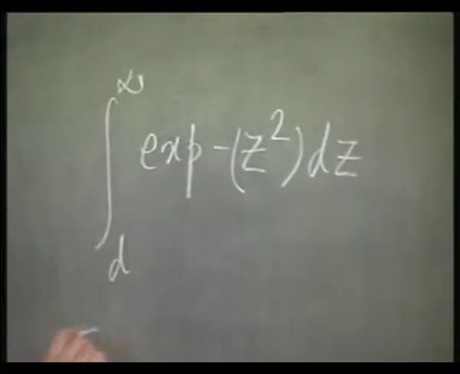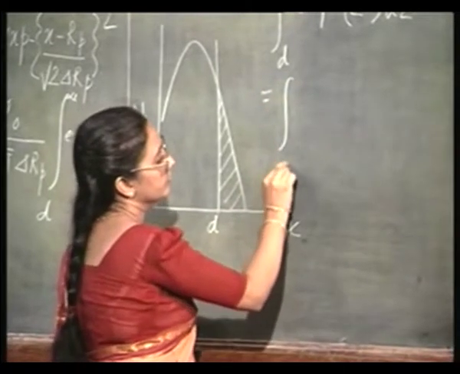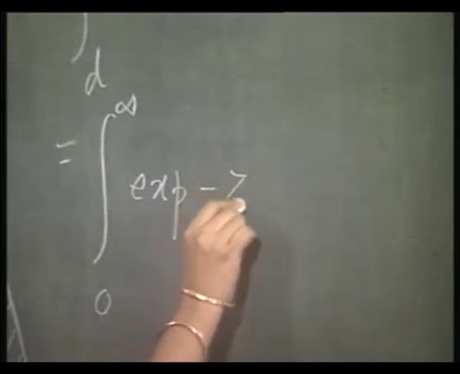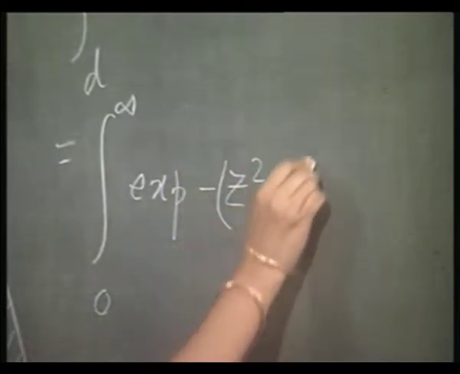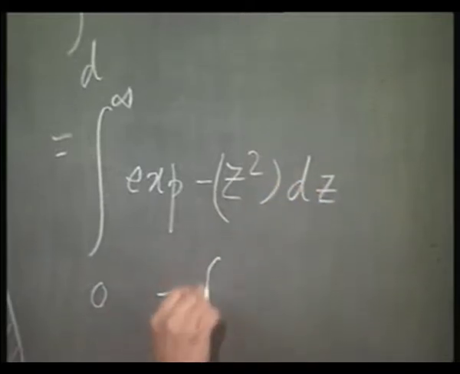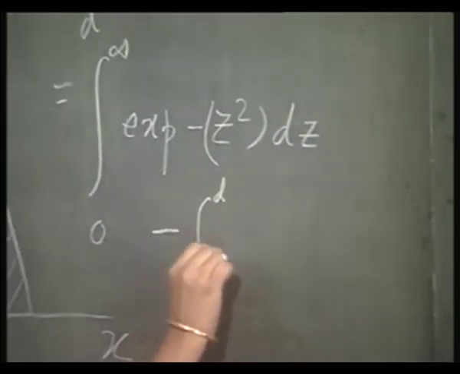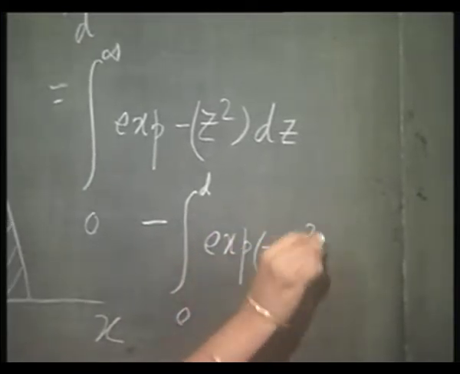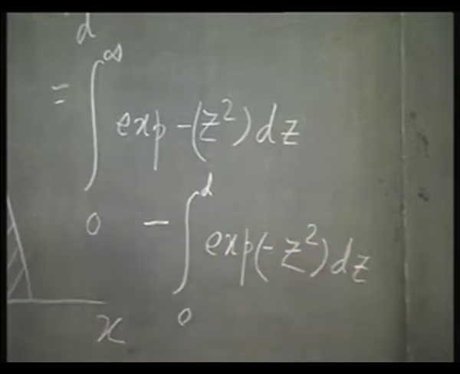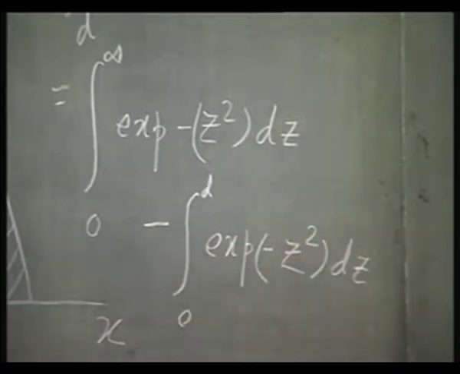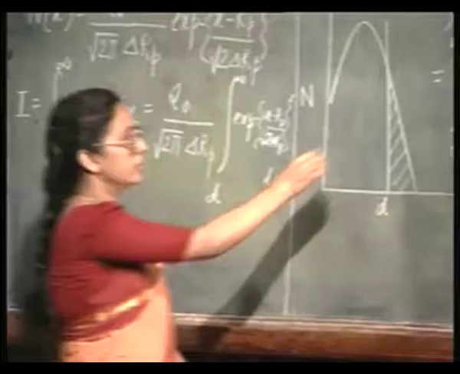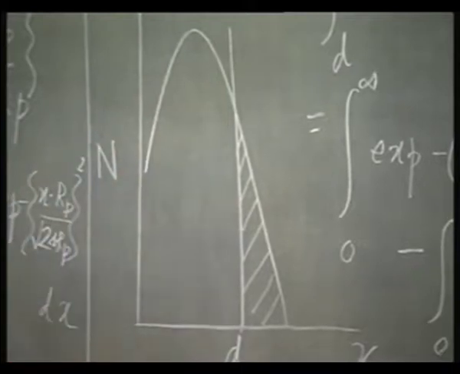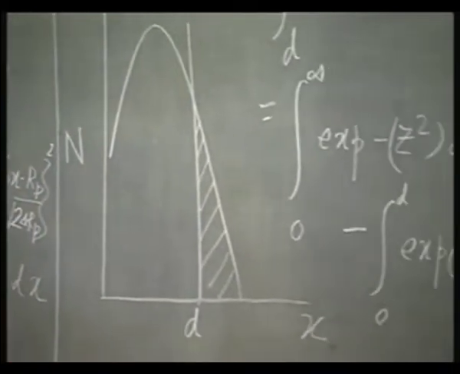I can write it as, can I not? In other words, this hatched region is this total minus this portion. Agreed?